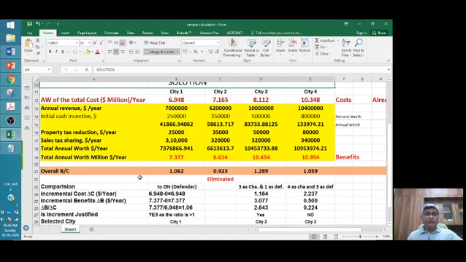Now if we compare with the DN condition, all these costs will be 0 obviously. So if we compute the incremental cost of city 1 by comparing with the DN condition, the annual cost is 6.948 and in the DN condition the cost is 0. If we subtract the two, this will be delta C per year.